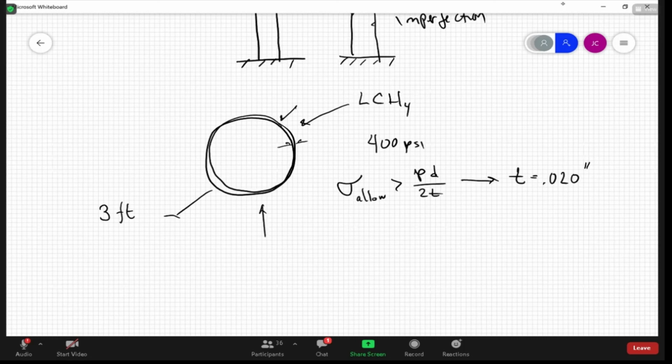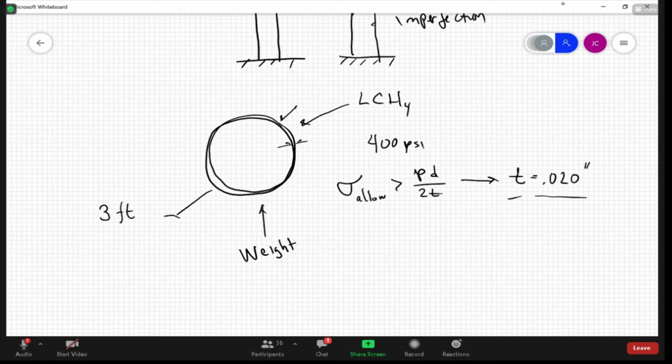This has to fly, so we were very concerned about keeping the weight down. That seemed pretty reasonable. It was a pretty good weight, and it holds the pressure. Does anybody have an idea about what would be problematic about having a tank that is 3 feet in diameter, but only 20 thousandths of an inch thick?